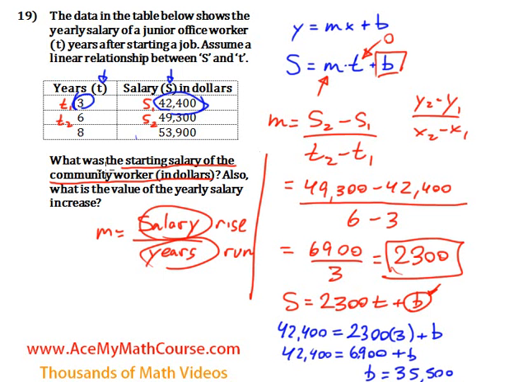So the starting salary of the community worker, I'm going to call this question A, is $35,500. Part B, what is the value of the yearly salary increase? $2,300. And that's it. There we go.